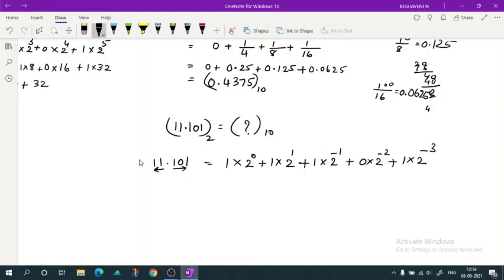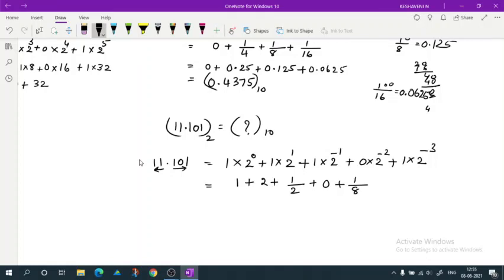Okay, so now see here, 2 to the power of 0 is 1, 1 into 1 is 1, plus 2 to the power of 1, 2, 2 into 1 is 2, plus this is 1 by 2 plus 0 plus 1 by 2 to the power of 3, 2 to the power of 3 is 8.